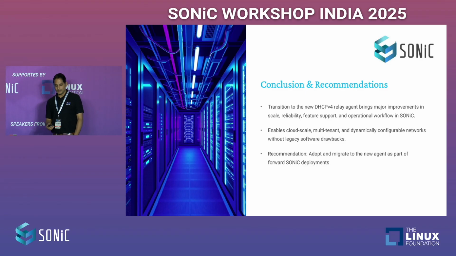One single process takes care of all your DHCP relay needs. This enables your cloud scale deployments and multi-tenant deployments. Dynamically configurable networks without the drawbacks we were facing with the ISC DHCP relay, which was limited to being used in a particular way rather than very dynamically. Our recommendation is that people can adopt this and migrate based on need.